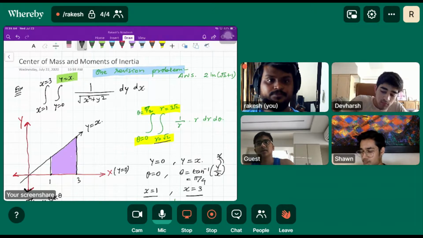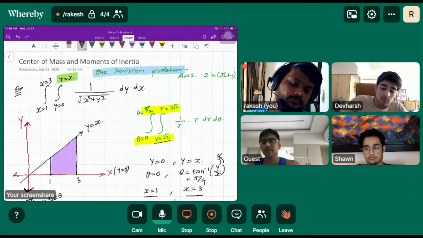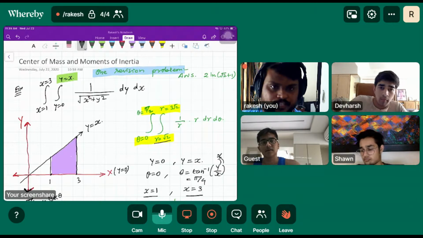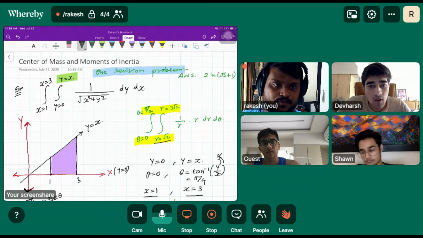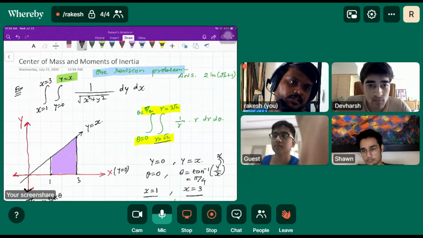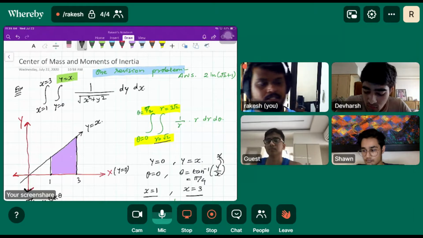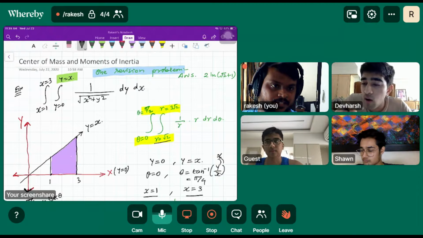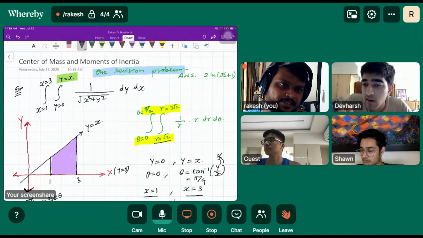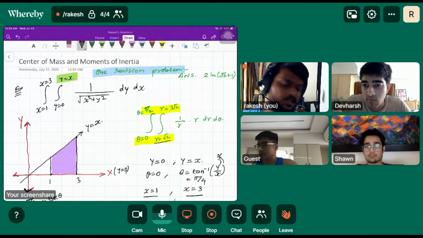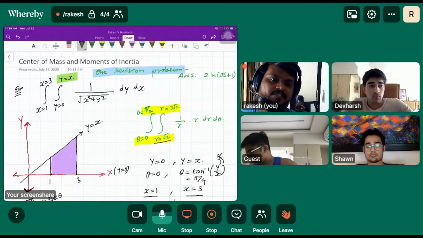It is an assumed point in a body where all the mass is assumed to be concentrated at one single point. That is called center of mass. An entire object can be considered as a point mass at that place.